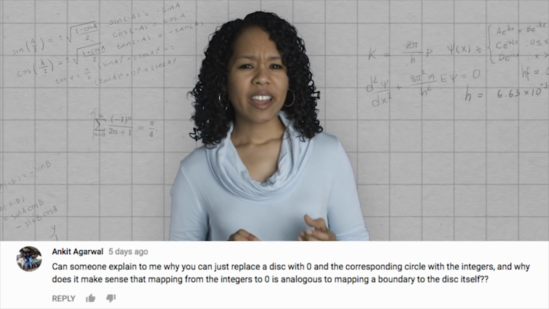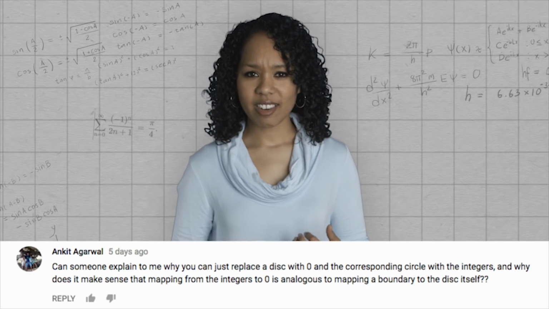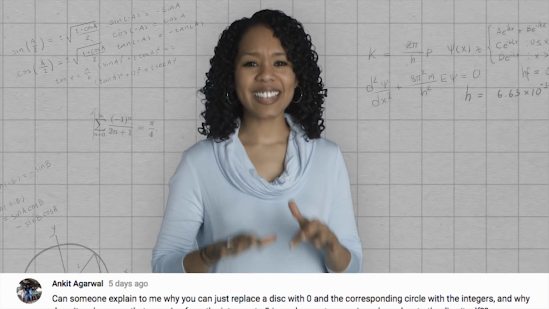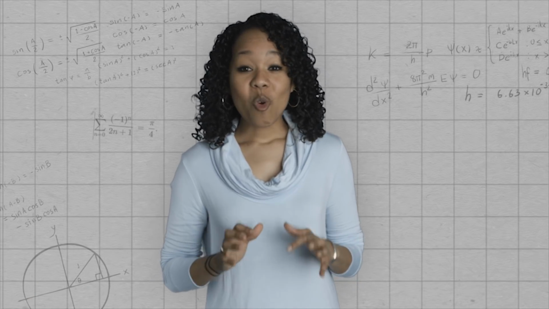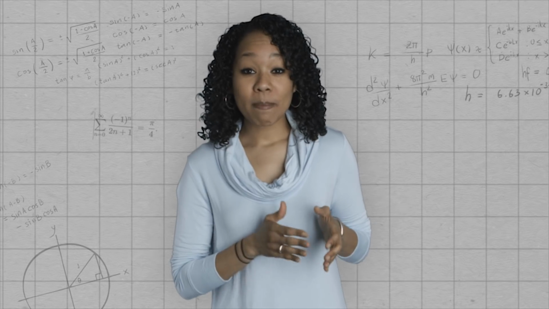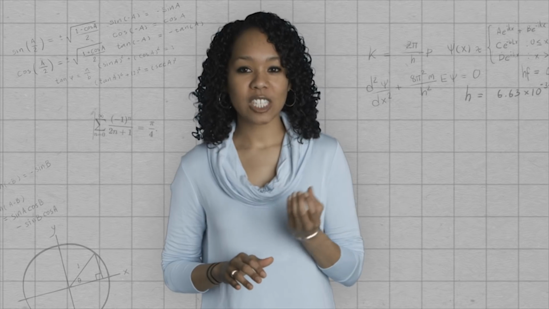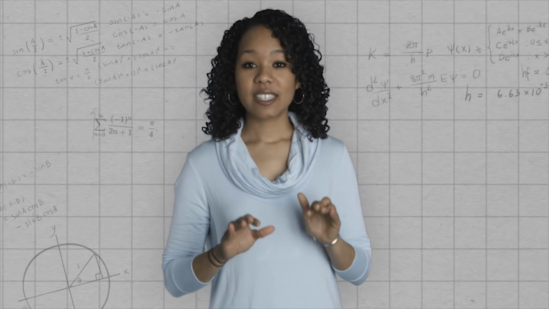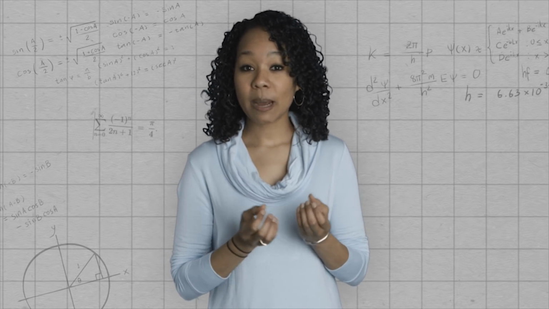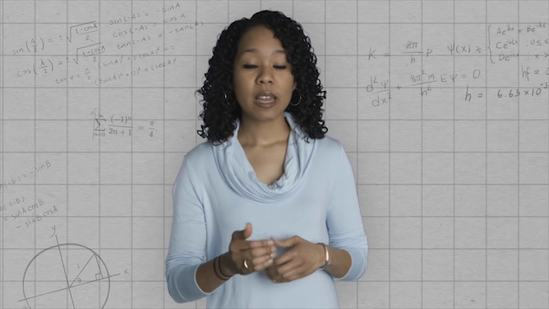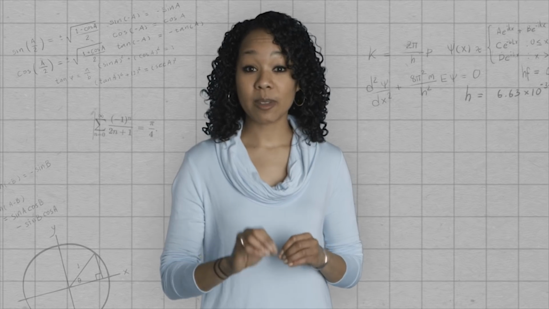Ankit asked why the map from the integers to 0 is analogous to the map from the circle to the disk. Fantastic question. So, not only does the functor assign fundamental groups to spaces, it also makes an assignment on the functions between them. Every continuous function between two topological spaces gives rise to a group homomorphism between their corresponding fundamental groups.